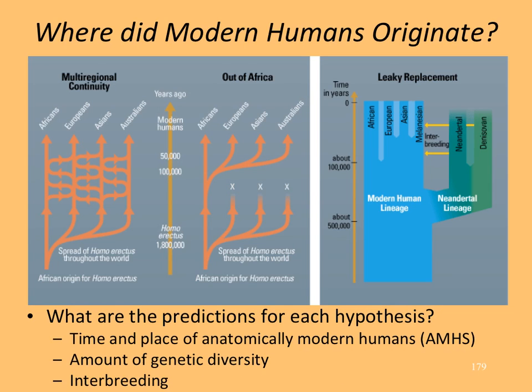So here's 3 different hypotheses about how anatomically modern humans originated. There's this multi-regional hypothesis where different similar species spread out to different realms, Asia, Europe, Australia, all that.